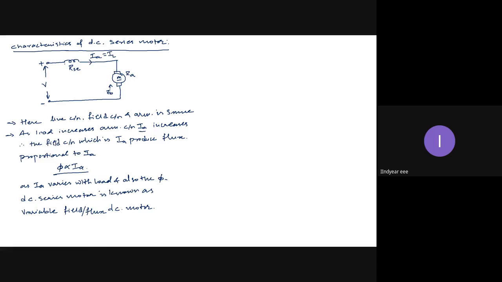But I can't increase field current to any large value, because the more magnetizing current is given to any electromagnet, the more the tendency of saturation increases. Now, what is saturation of magnetic parts?